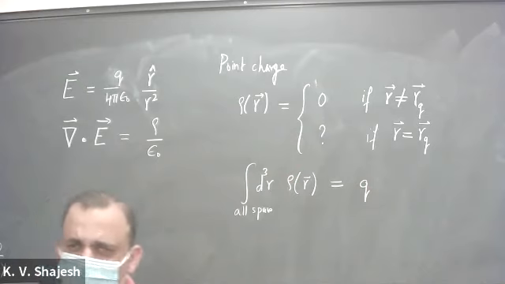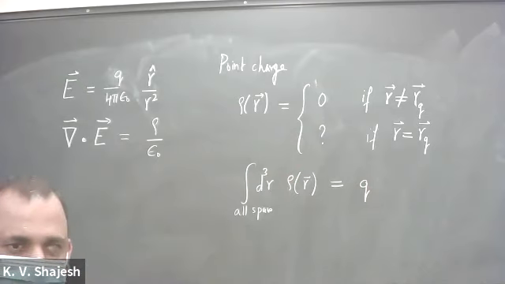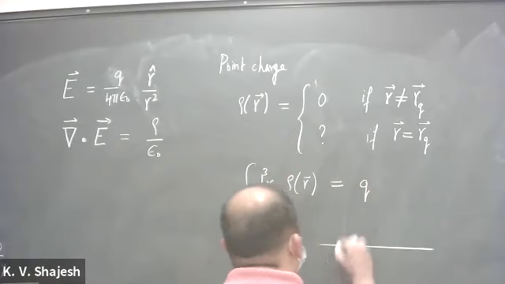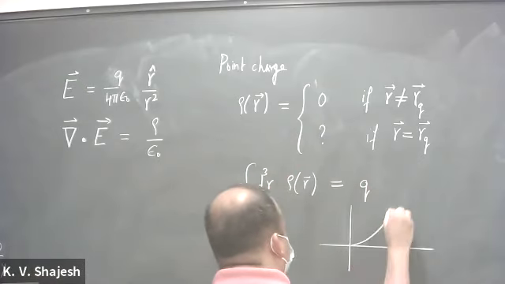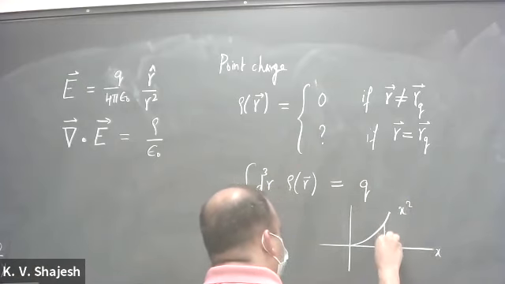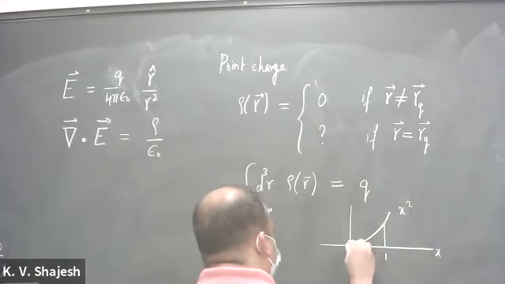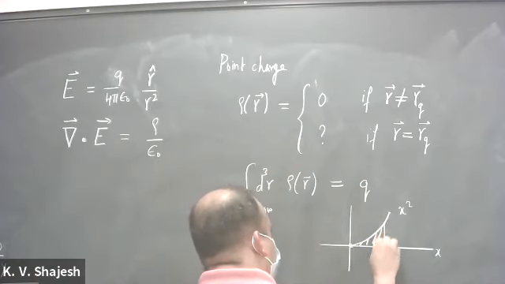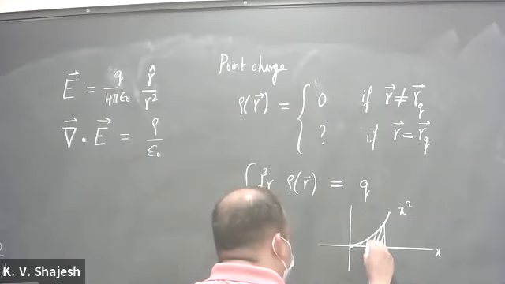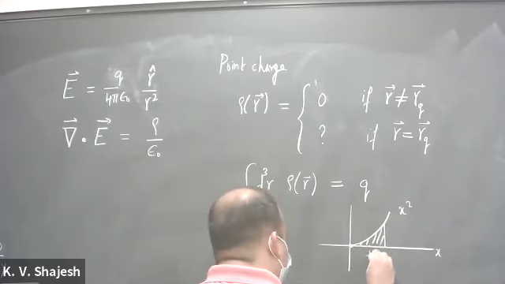So you ask, how is that possible? Because in an integration, if you take out a point, what happens? For example, you do an integral of x squared, right? So this is x and this is x squared. You go from 0 to 1. That's the area under that curve. But now I say that I'll take out one point, say at one half.